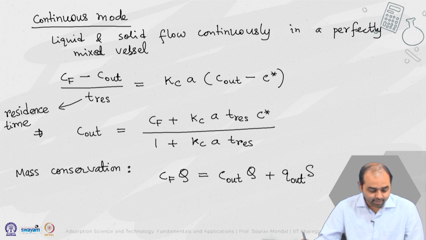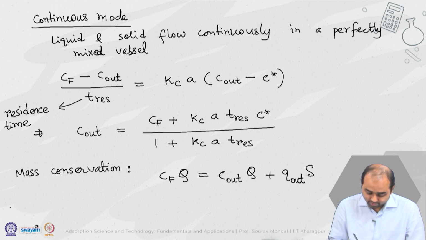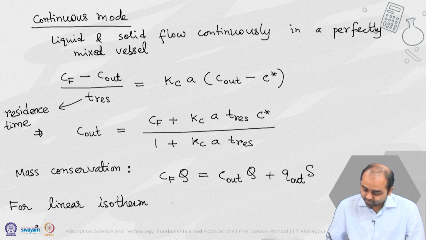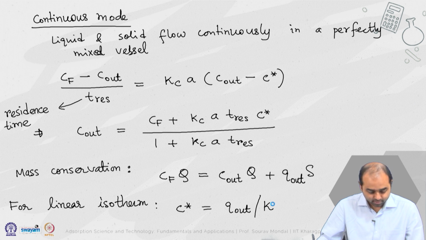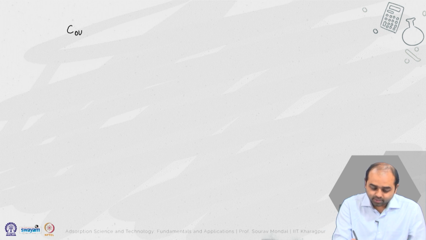So, in this scenario one can obtain for linear isotherm, which suggests that C star can be related as this form. The overall expression of C out now looks something like this.